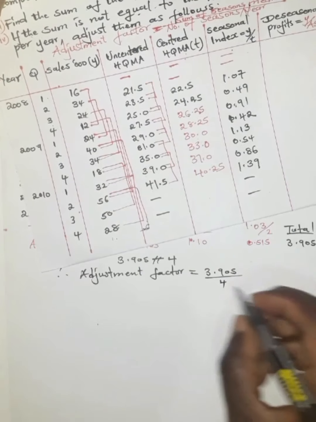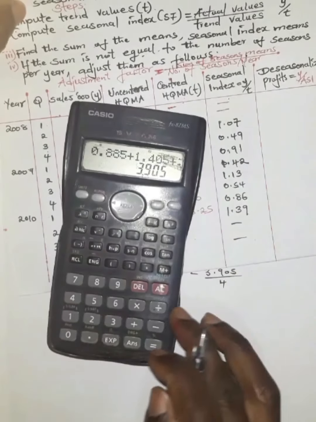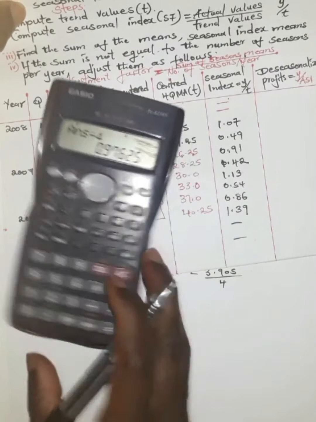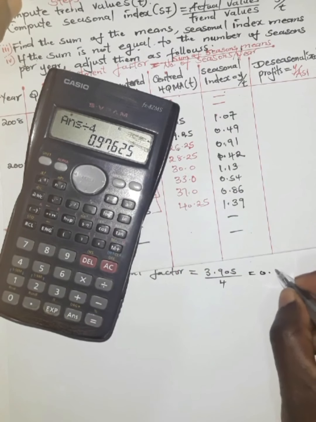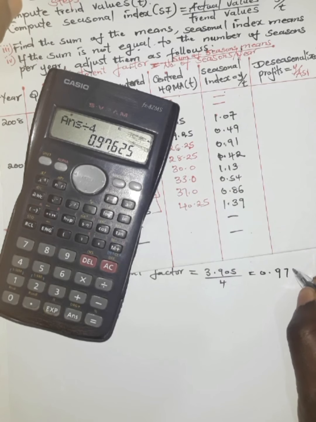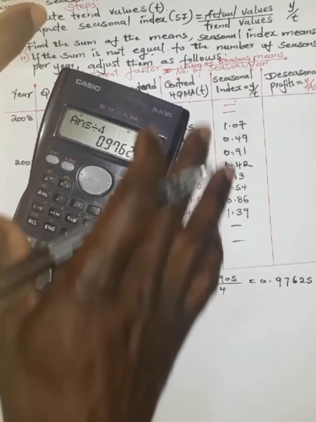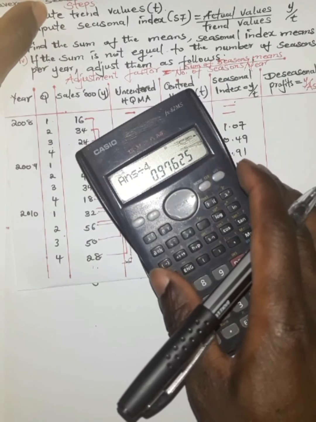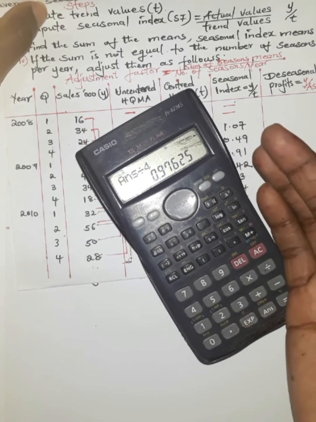We have 4 seasons, so the answer divided by 4, we get 0.97625.